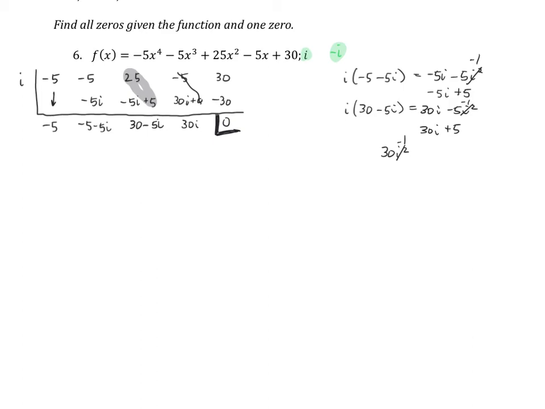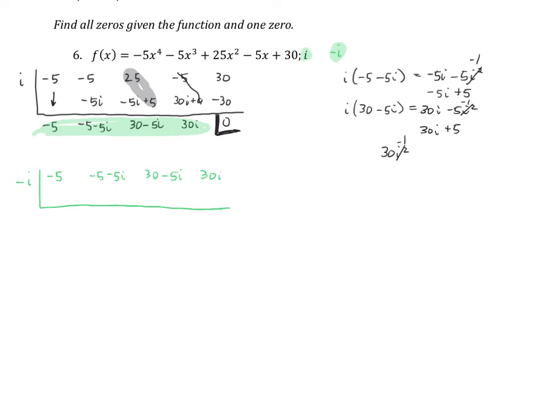Okay, so now what we have to do is use this quotient and do synthetic division with the negative i, since we haven't used the negative i yet. So we're going to have negative i with a negative 5, negative 5 minus 5i, 30 minus 5i, and 30i. Now, this one seems like it's going to be way worse, but it's actually not.